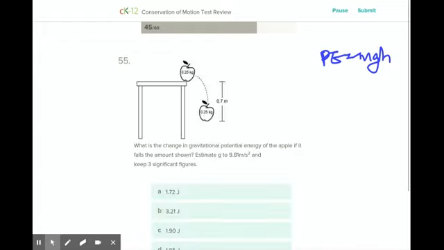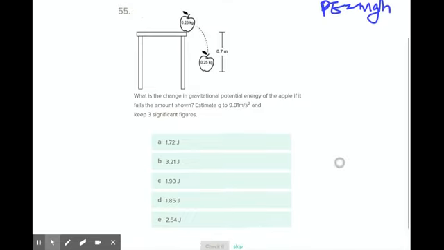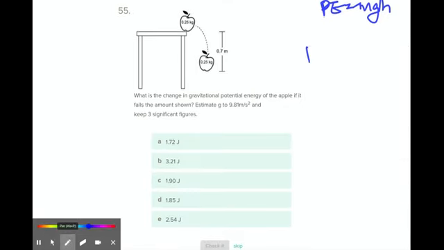Next, what is the change in gravitational potential energy of the apple if it falls the amount shown? Estimate g to 9.81 and keep 3 sig figs. So we all know that the change in gravitational potential energy is mgh initial minus mgh final.